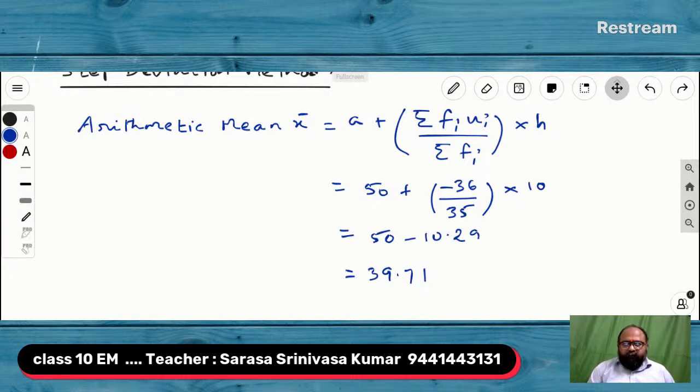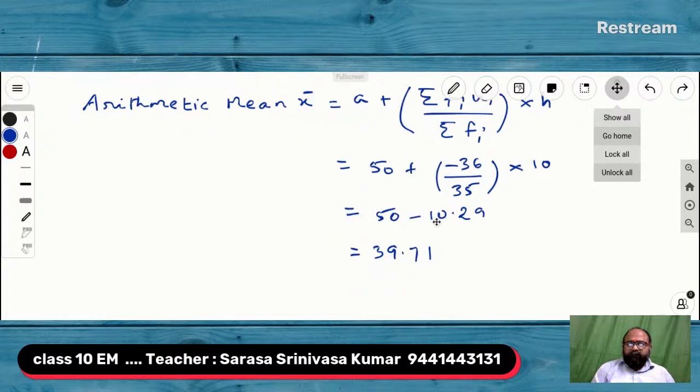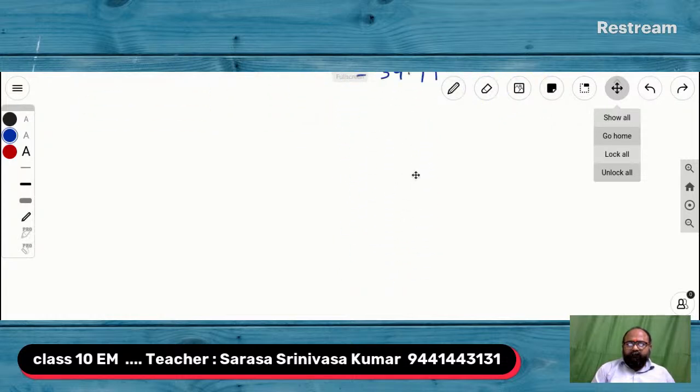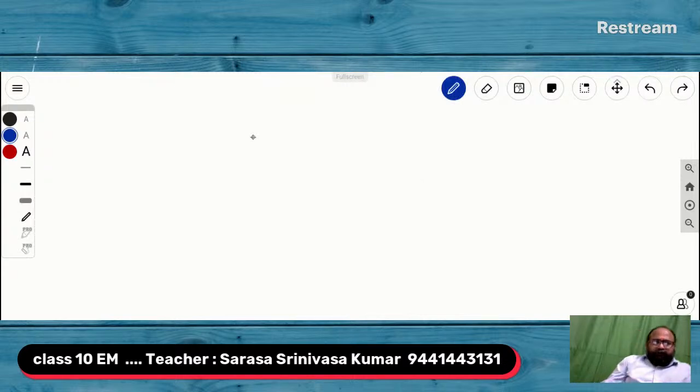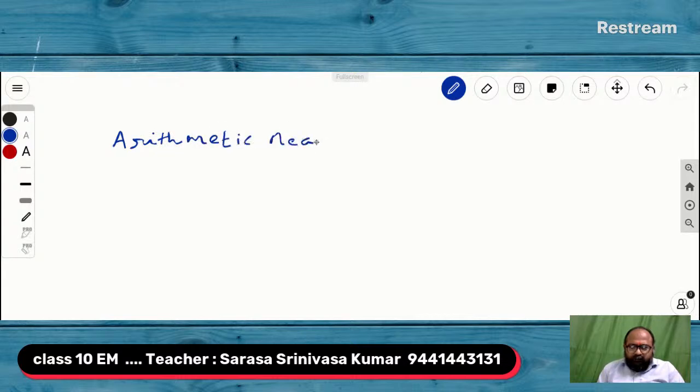Now I give you another problem. I would like to explain it in the next class. So far, what we have discussed is the arithmetic mean of equal class interval sizes.